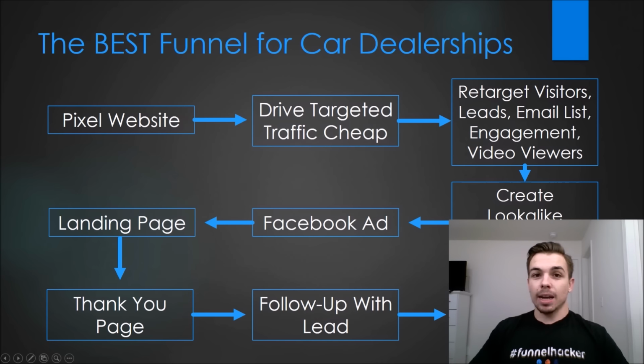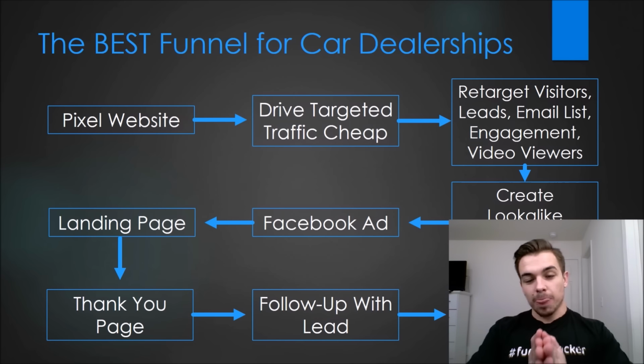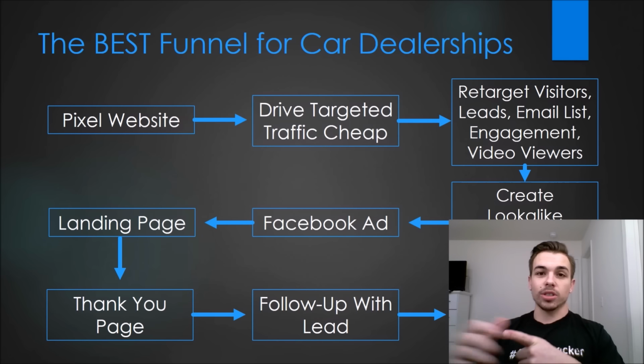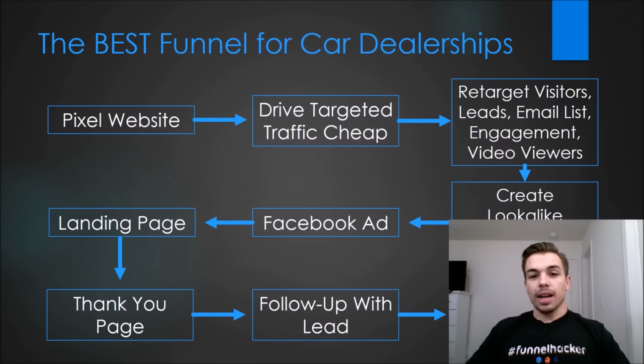What I did is I plugged in the people that have visited the website. First, I drove them to the website, and once again, I'm going to show you the actual targeting in Facebook in a second so you guys can see visually. I took them to the website by targeting people who are looking to buy certain types of cars and are likely to buy within the next 30 to 90 days, stuff like that.